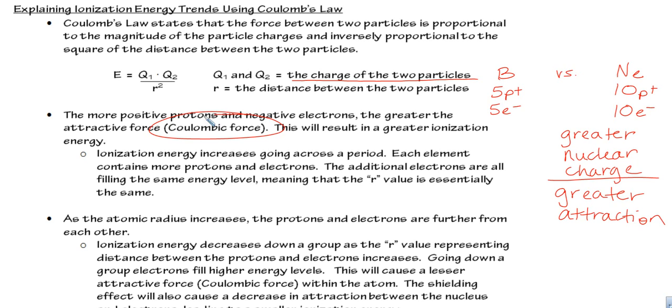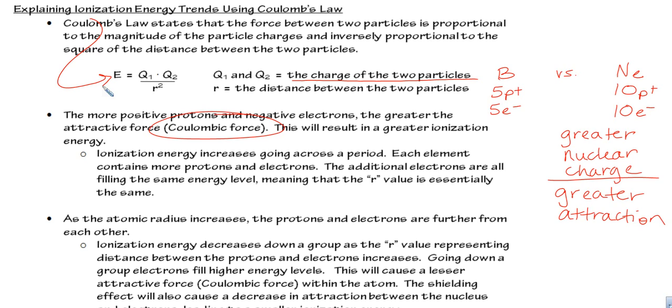Okay, so now let's look at this as an equation. E stands for energy. In this case, we're going to use ionization energy. If the charge values on the numerator side of this equation are larger, so we're talking a plus 10 and a minus 10 versus a plus 5 minus 5, we've got larger charges in the neon atom.